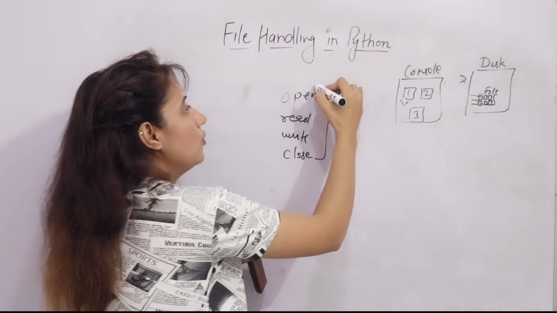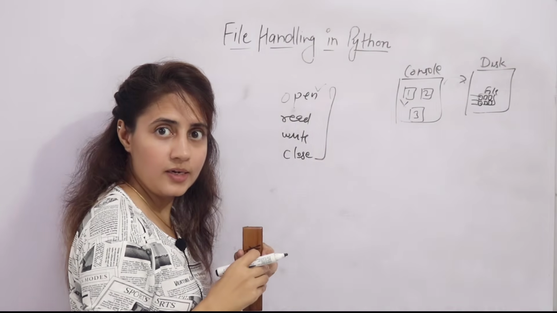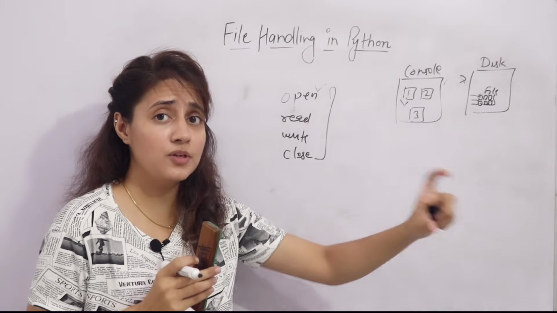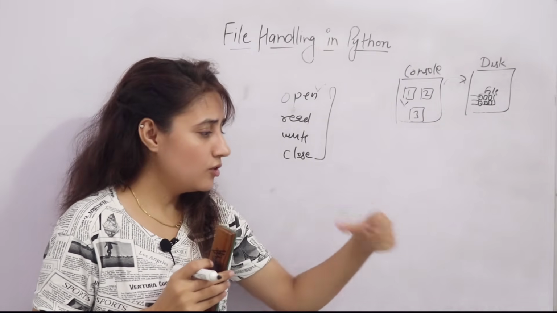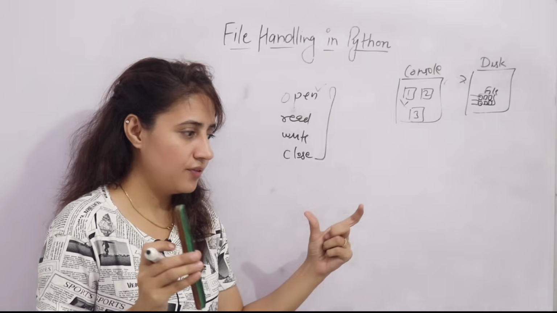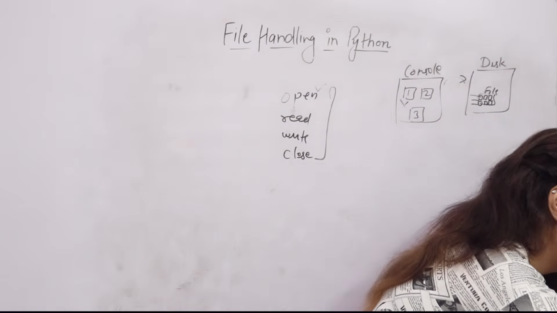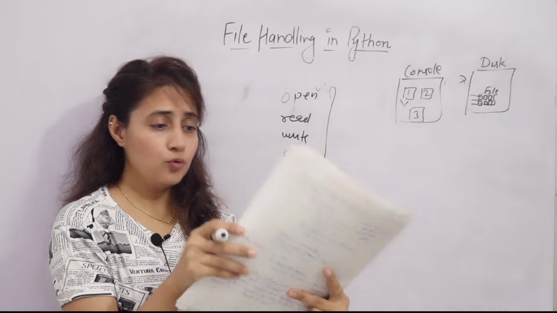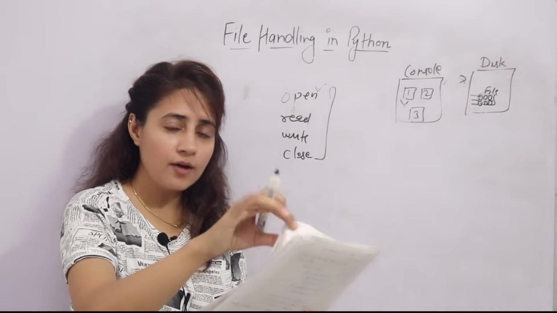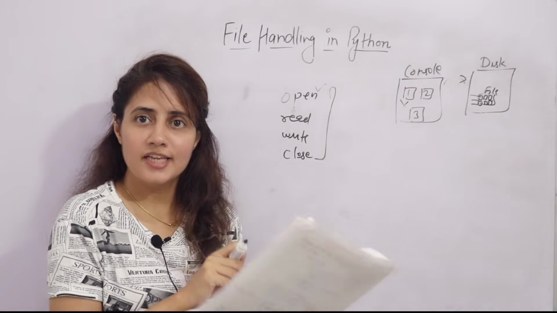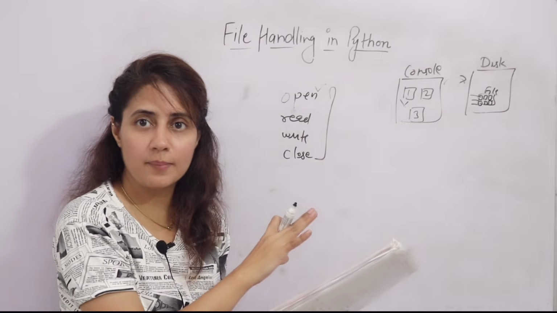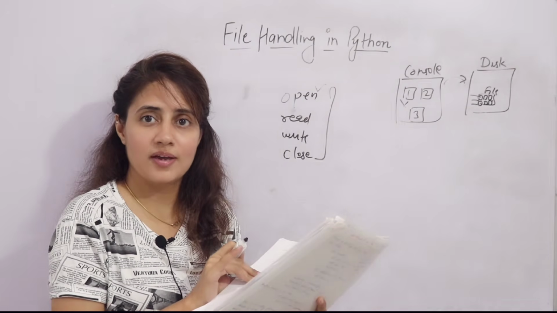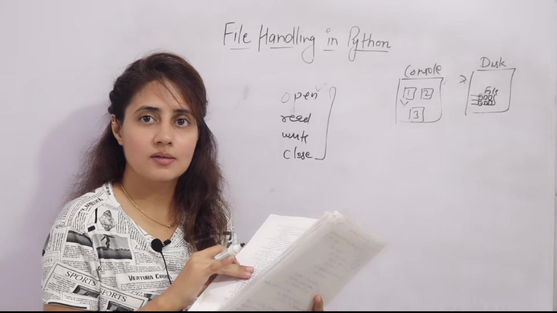So first of all you need to open a file, right? If you do any other operation, like if you want to read something from that file, first obviously you need to open that file. Suppose I have this notes file. If you want to read something from this file, first I have to open this file, right? Same thing we need to do in a program. If you want to write something, then also first you have to open this file, then I can write, right?